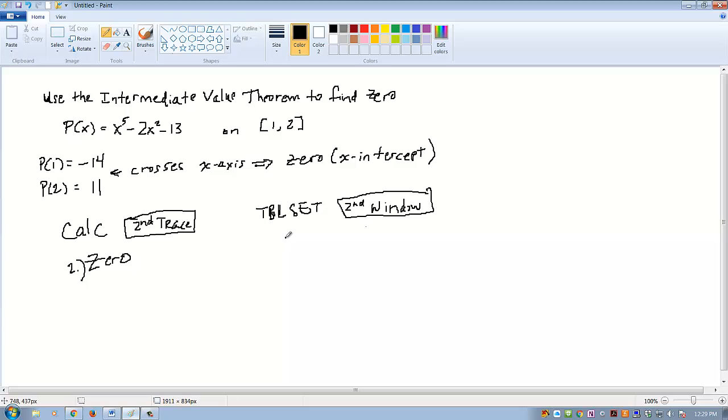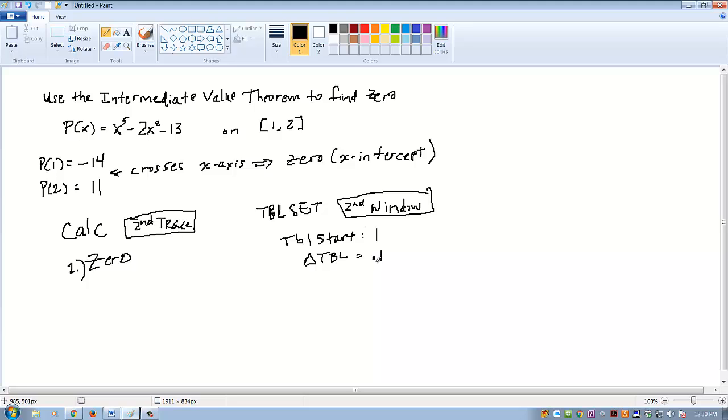The table start is going to be at 1, and then the delta table, which is the size of each increment, you can set to 0.1.